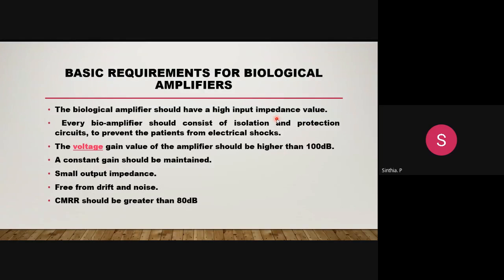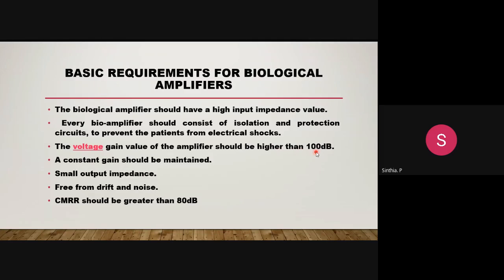Okay, so every bioamplifier should consist of isolation and protection circuits to prevent shock to both the patient and the equipment. And the voltage gain of the amplifier should be greater than 100 decibel.